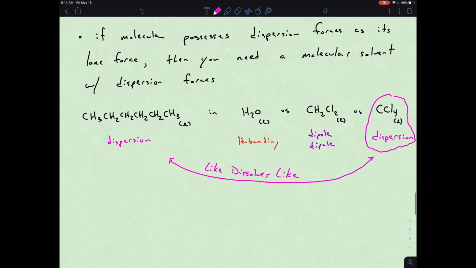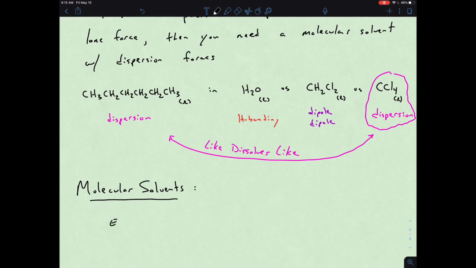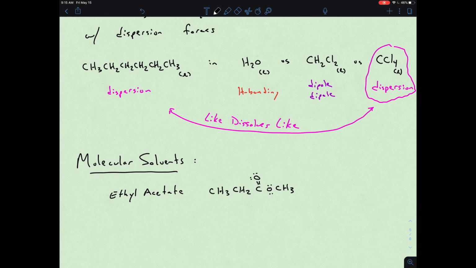So for these molecular solvents, just some examples of them. Ethyl acetate is a good polar solvent, such as chloroform, dichloromethane.